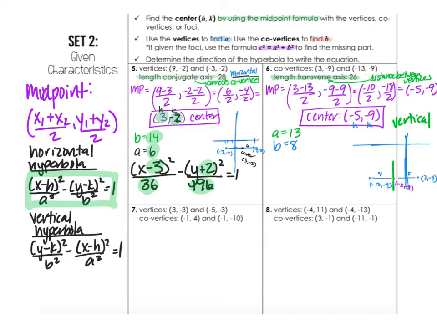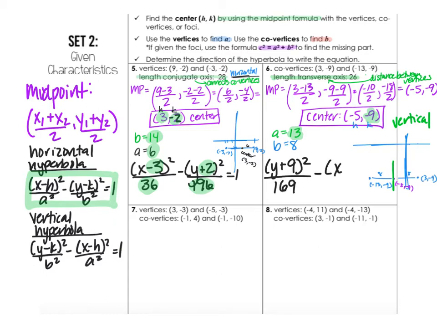So we're going to need the vertical hyperbola formula. And in that formula, we have y minus k squared first. So we're going to start with y minus k. K is negative 9, so minus negative becomes a positive. Squared over a squared. A is 13. 13 squared is 169.